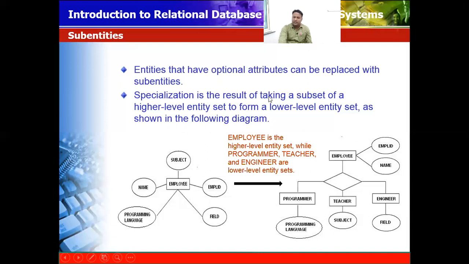It means it is a high level entity, then we convert it to low level entities. Like from employee, we have the programmer, the teacher, and the engineers. Clear? Yes, sir.